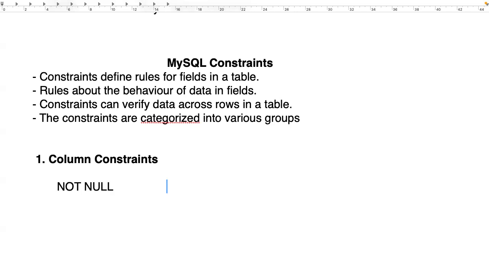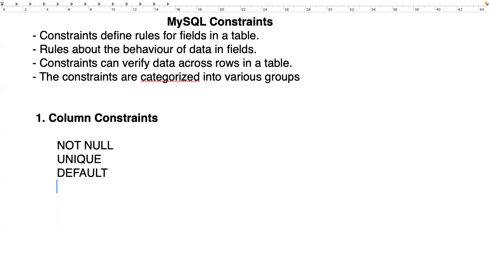One by one, I will explain the details later. So unique, default, auto increment. What is not null? I will explain in detail.